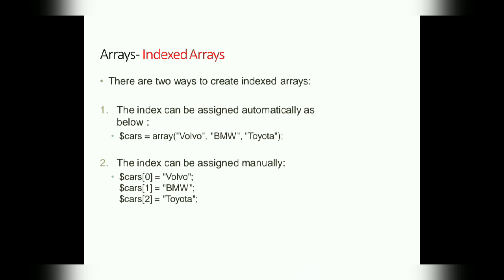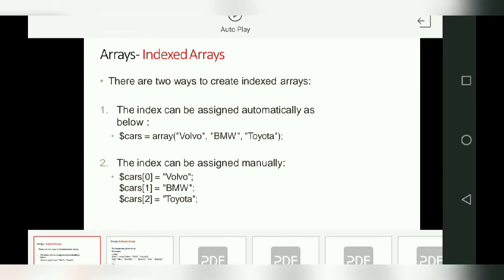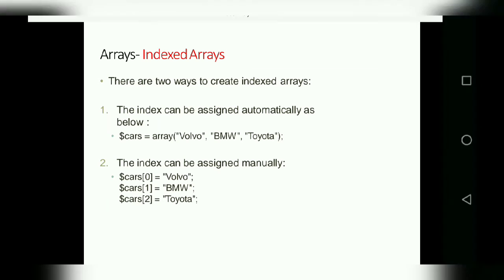The indexed arrays: actually there are 2 ways for indexed arrays. Number 1, the index can be assigned automatically. For example, I am defining an array named $cars equals array of Volvo, BMW and Toyota. So it will automatically get indexed.